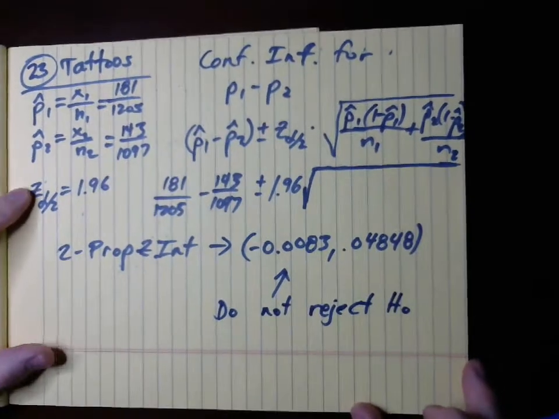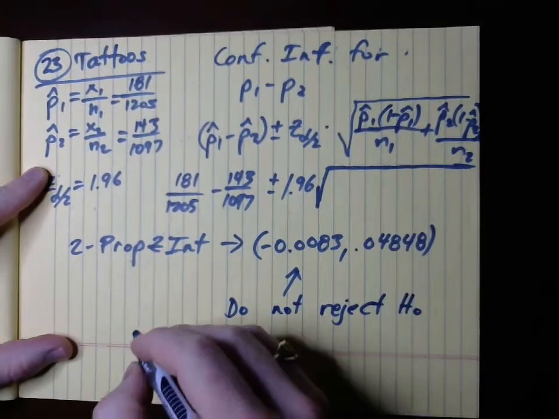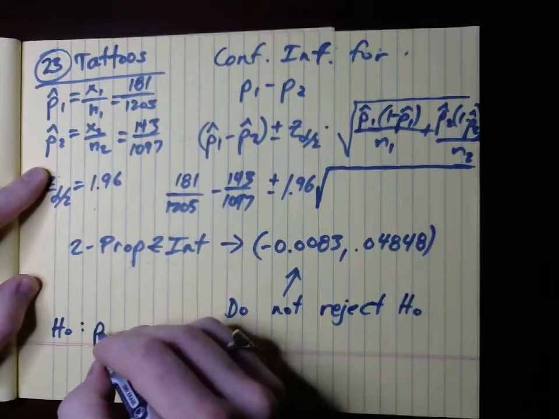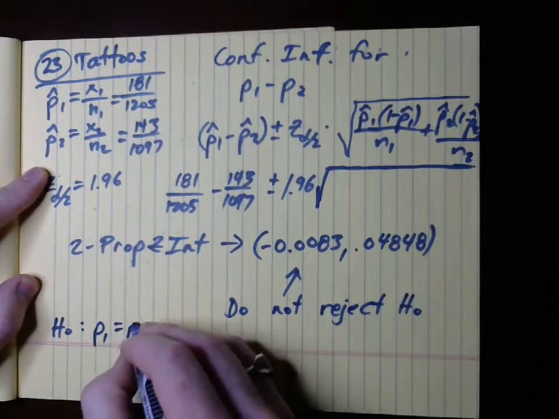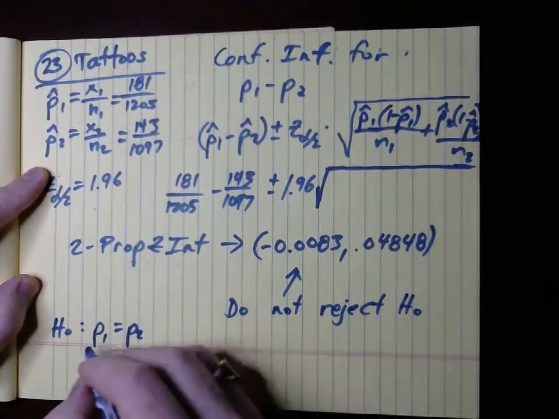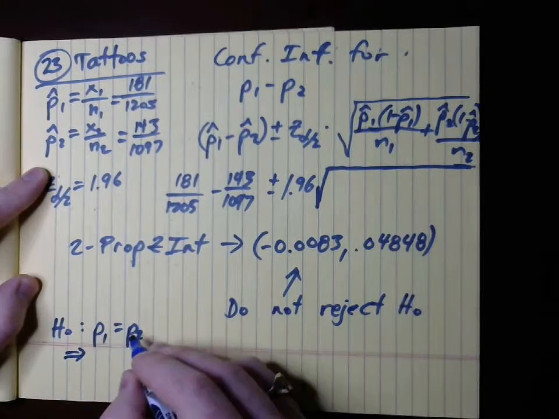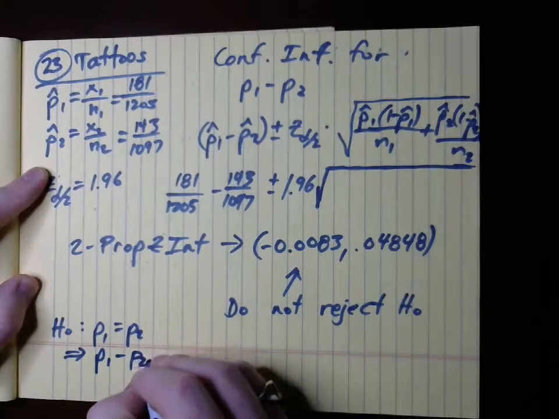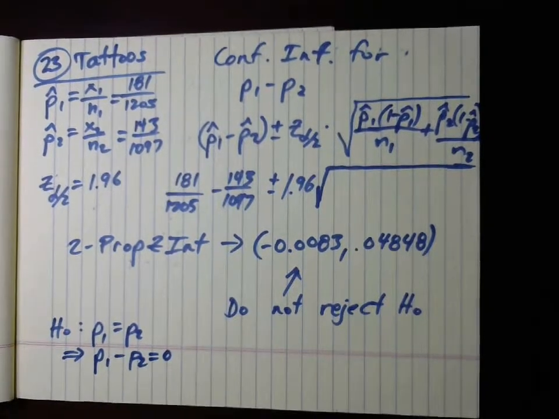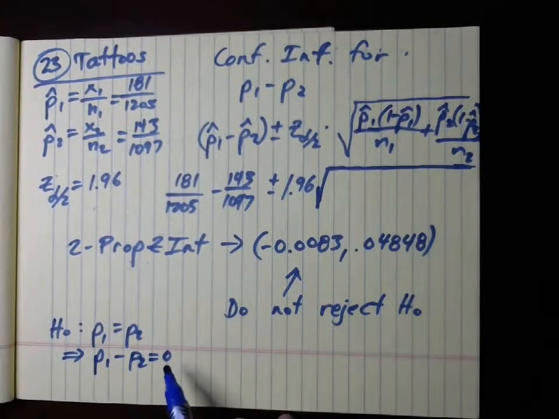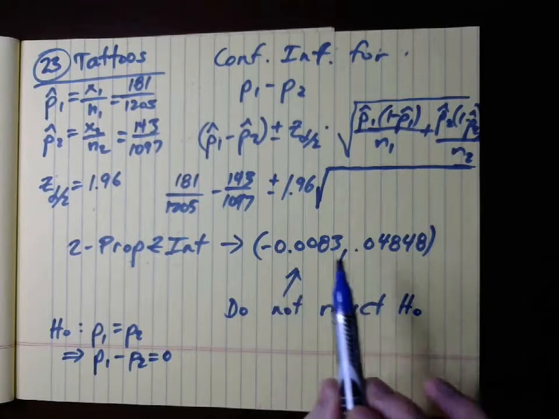If we were doing a hypothesis test, the H naught would be equivalent to P1 equals P2. Or equivalently, if you imagine subtracting the P2 on the other side, P1 minus P2 is equal to 0. So we're saying do not reject H naught because we notice that 0 is contained in this interval.